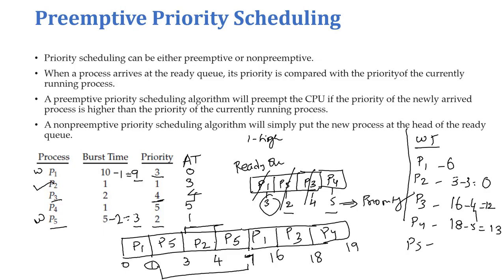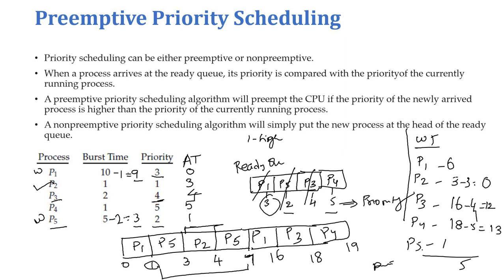But after some time it waited. So this period, 3 to 4, that 1 millisecond, is waiting. So this is the waiting time for P5. Now we can calculate the average waiting time. As usual, you just add it all and then divide by 5. So that is the average waiting time.